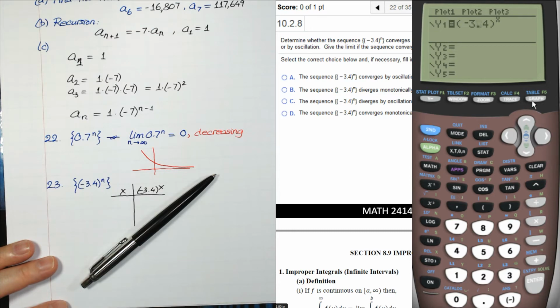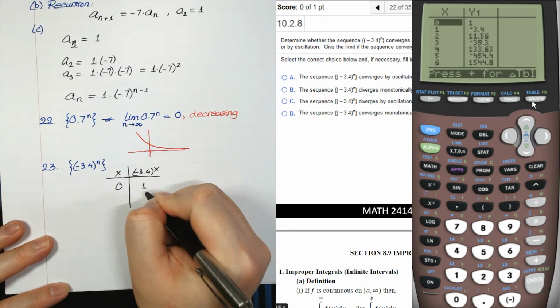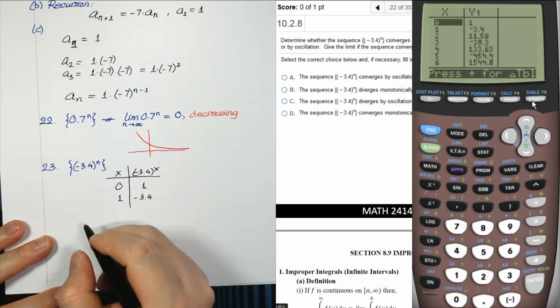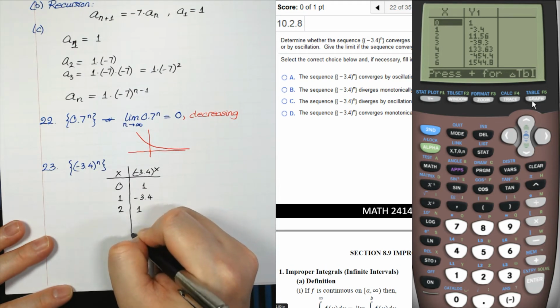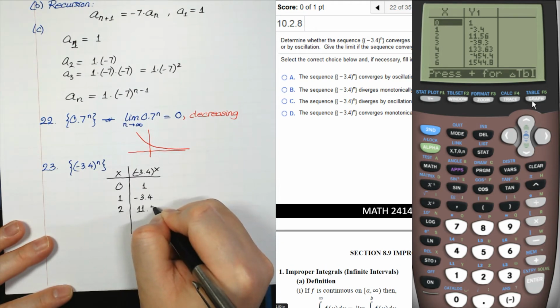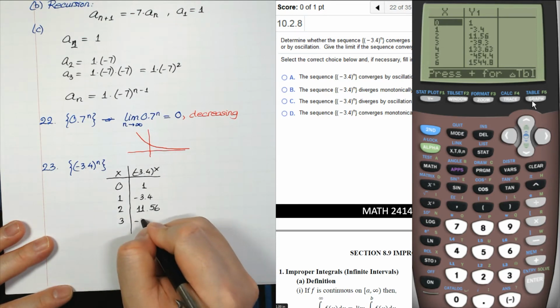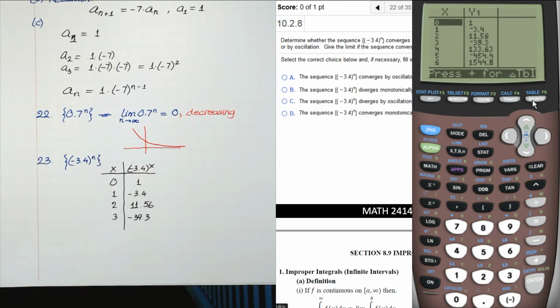Just hit second graph and look at the table. When x equals 0, this is 1. x equals 1, negative 3.4. x equals 2, 11.56. 3, negative 39.3.